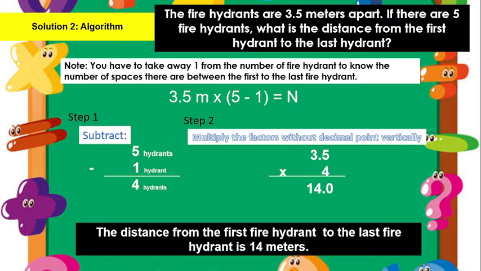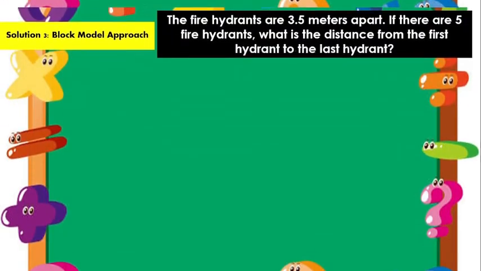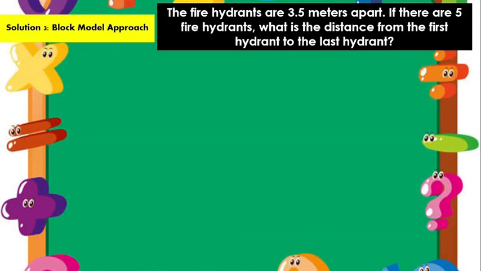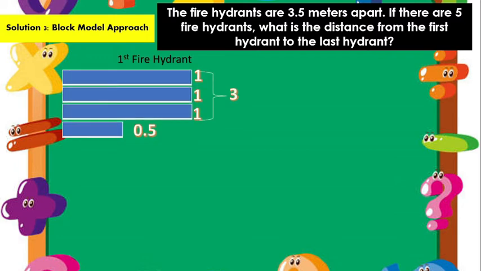Very good. Now let's try another solution using block model approach. So let's take for example the first fire hydrant. What is the distance again between each fire hydrant? Very good. 3.5 meters apart.